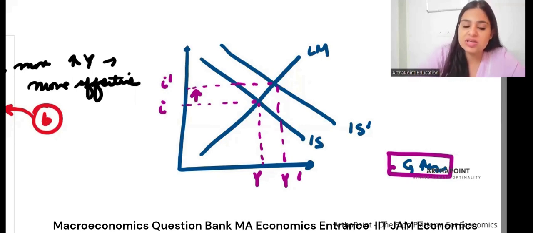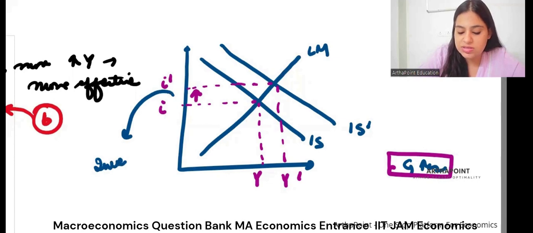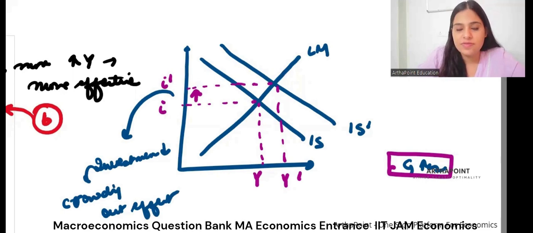Because there is an increase in the interest rate, this causes the investment to decrease. Exactly, this is your crowding out effect. When investment decreases, that's your crowding out effect.